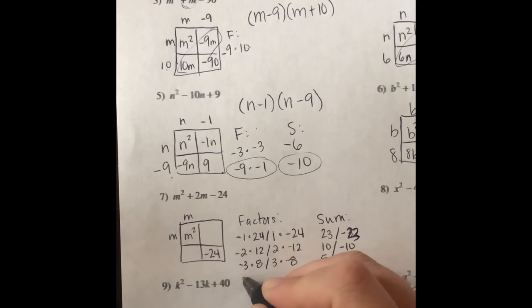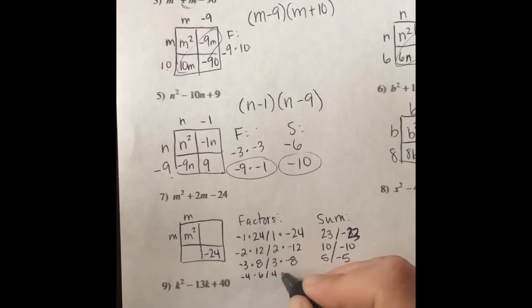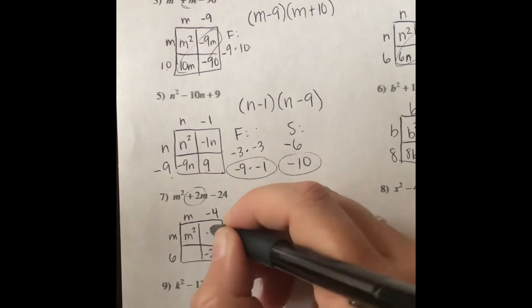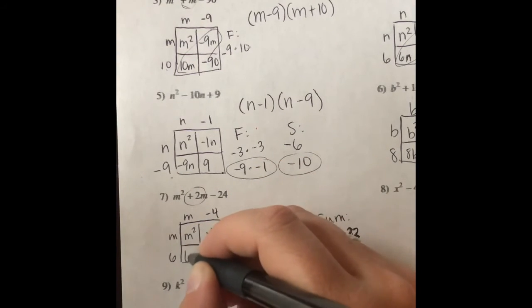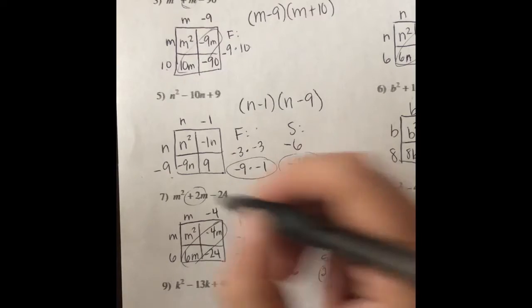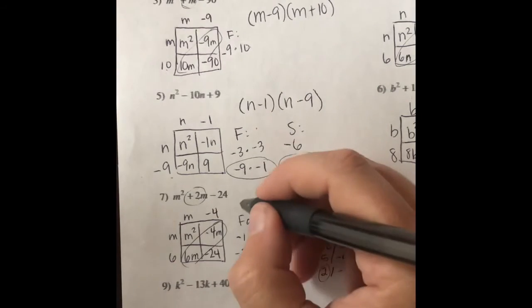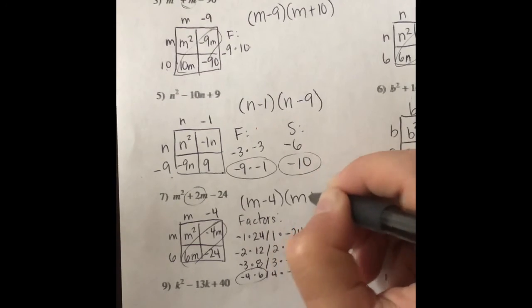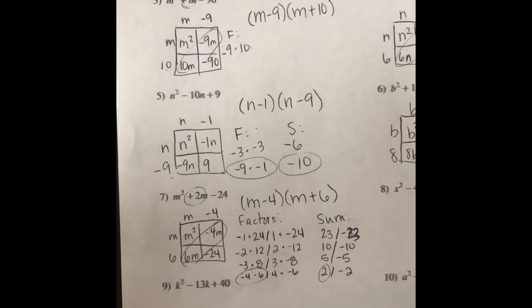We have -4 times 6, or 4 times -6, which would give us sums of 2 and -2. And we want this +2, so we're going to be choosing these two factors, -4 and 6. And that does give us that +2 there. So our final answer is m minus 4 times m plus 6.